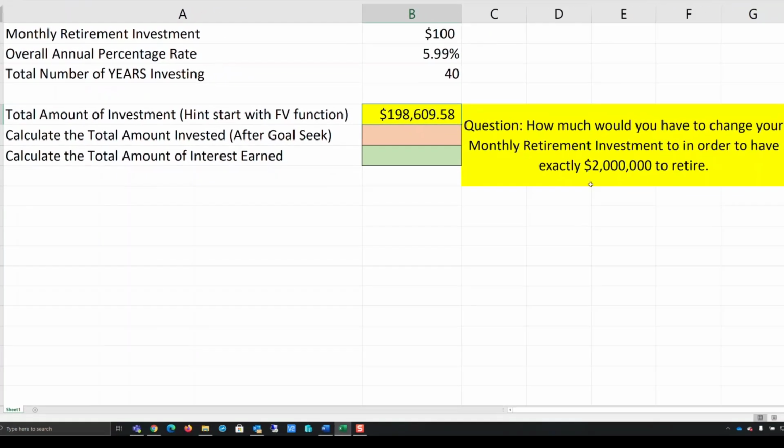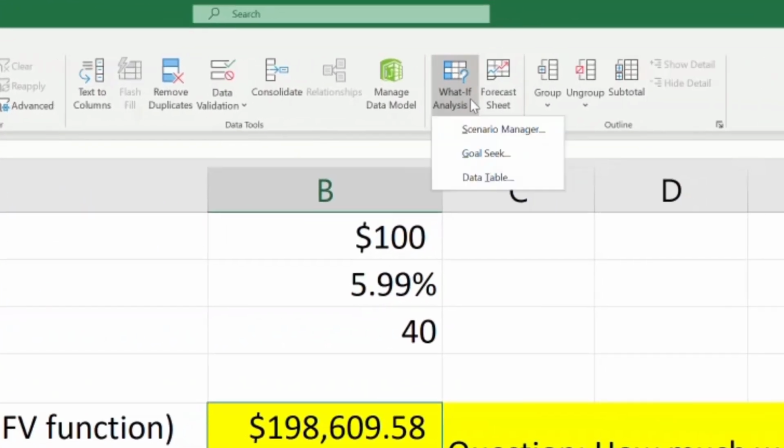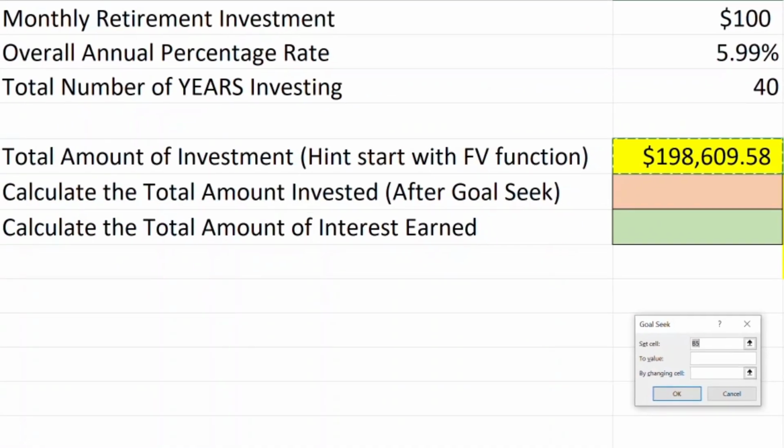Now, at this point, we want to add the goal seek to figure out what our 2 million is going to be. So we come up here to data. We go to what if analysis. We go to goal seek, and we're going to change that value to 2 million. By changing what cell? By changing our monthly investment.